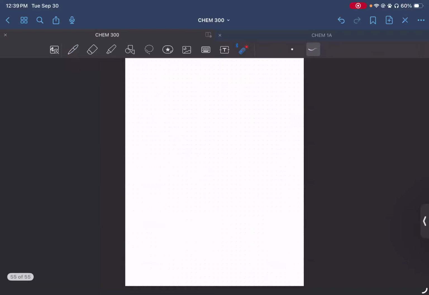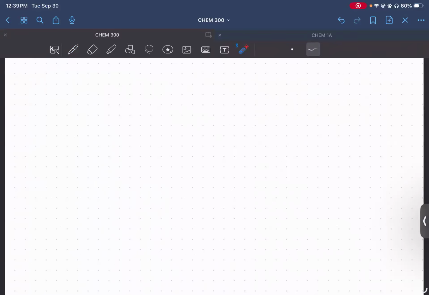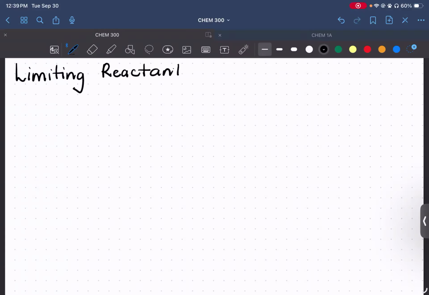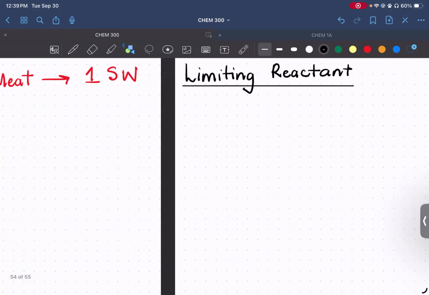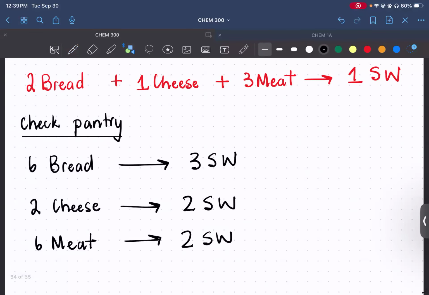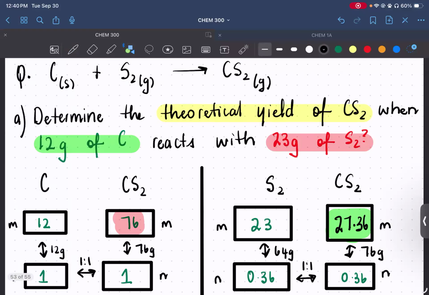Our very, very last topic for today is a concept known as the limiting reactant. Well, that was our understanding of why we needed to do 2 roadmaps.